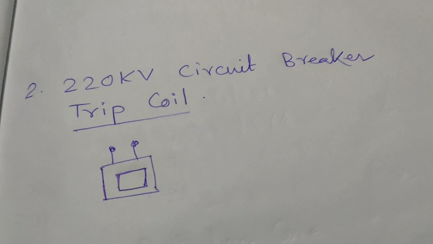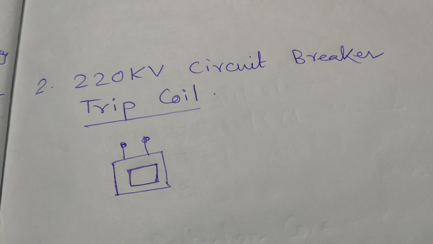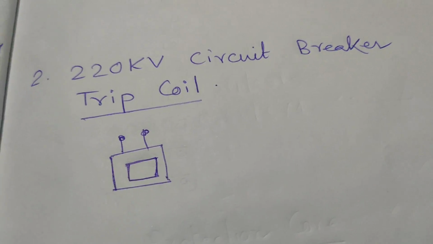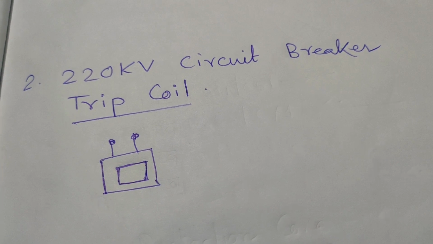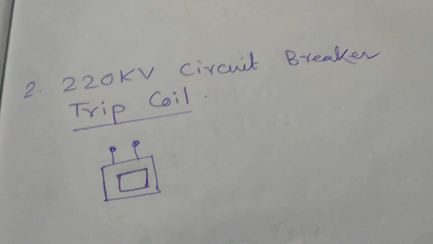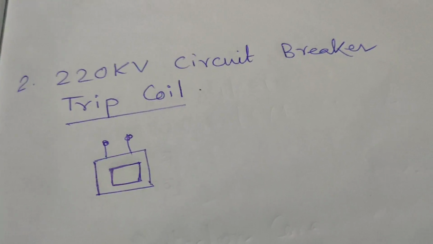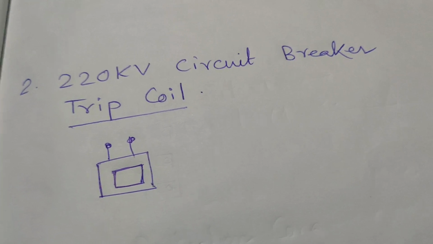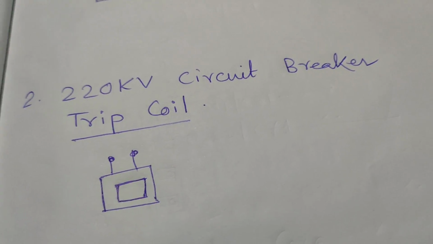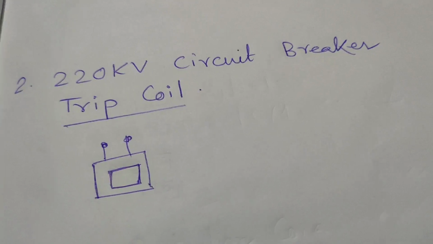When we opened the drive mechanism box, we were shocked that nothing appeared open in the trip coils, and there was no bad smell or burning smell emitting from the drive mechanism box. So we were confused, and then we used the multimeter and checked the resistance, and it showed open.